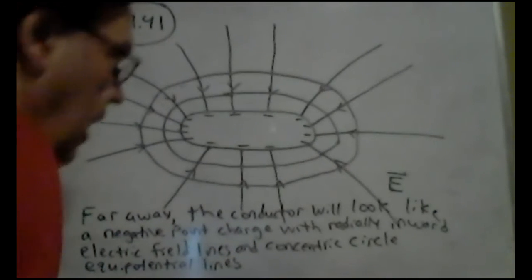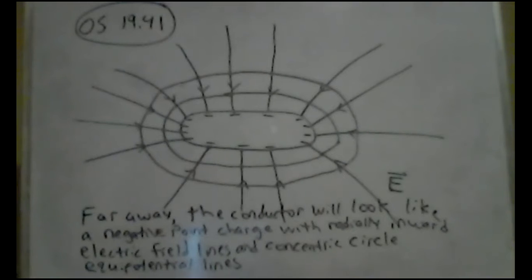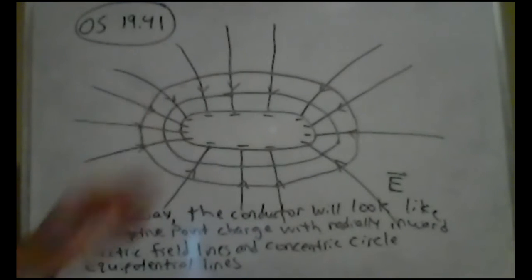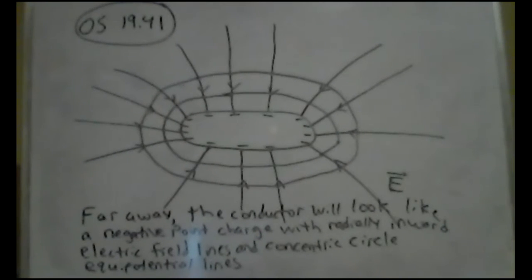Again, far, far away, anything looks like a point charge. Whatever this charge happens to be, it'll be just like a negative point charge with this total charge, hence it'll have radially inward electric field lines and concentric circle equipotentials.